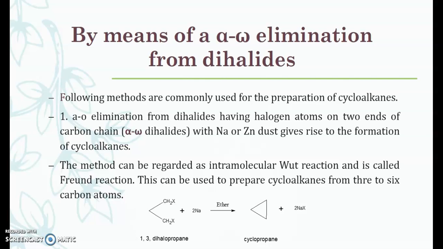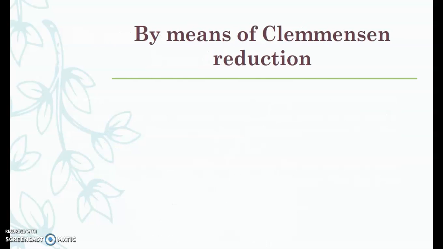In this way we can synthesize cycloalkanes with the help of this first method, alpha omega elimination. This is quite a simple and widely used method, because we just have to remove the 2 halogen atoms from the alkane.